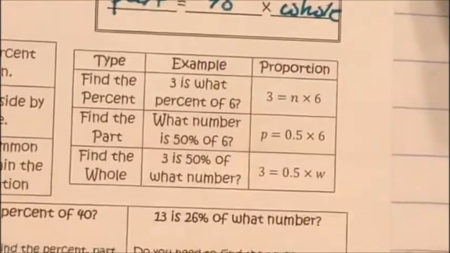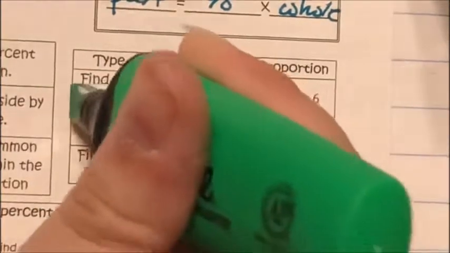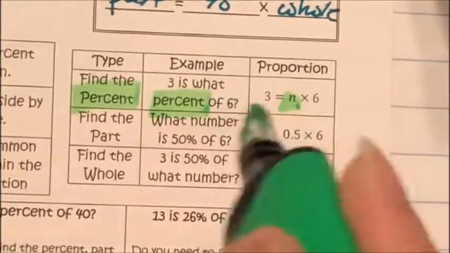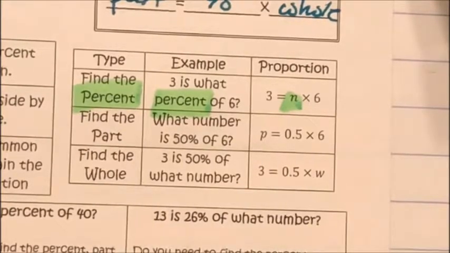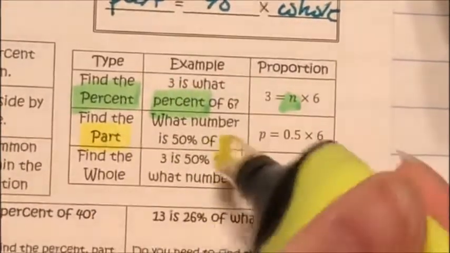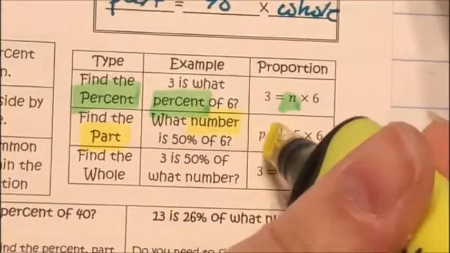So if I wanted to find the percent of something, I can write it out. 3 is what percent of 6? So that's N, right? If I'm finding the part, what number is 50% of 6?